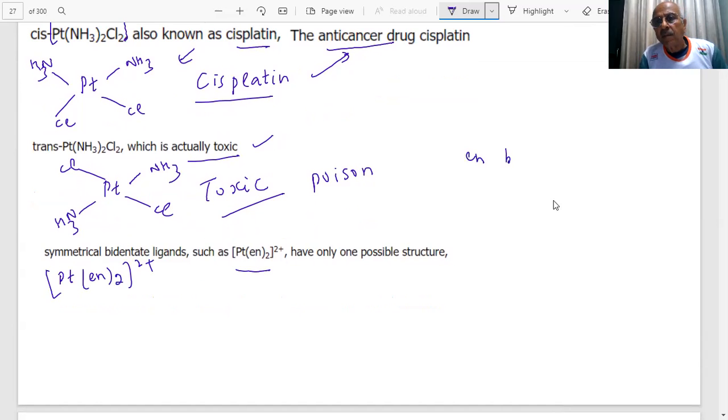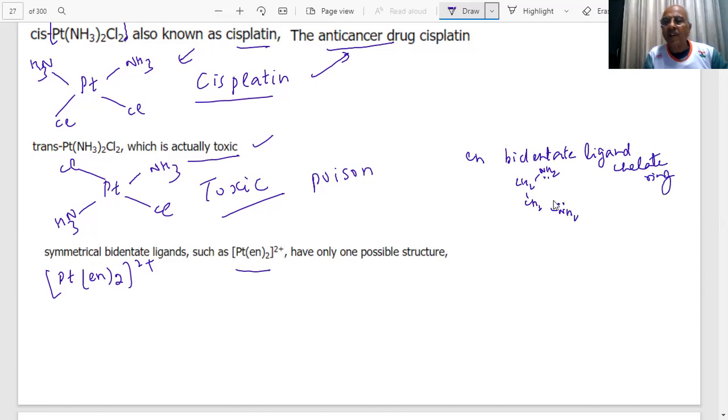It is a bidentate ligand, and its formula is CH2NH2, CH2NH2. It has two teeth and forms a ring. It forms a chelate ring around the central metal atom. Here we have platinum.